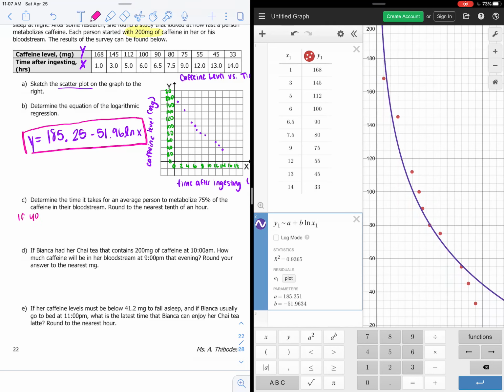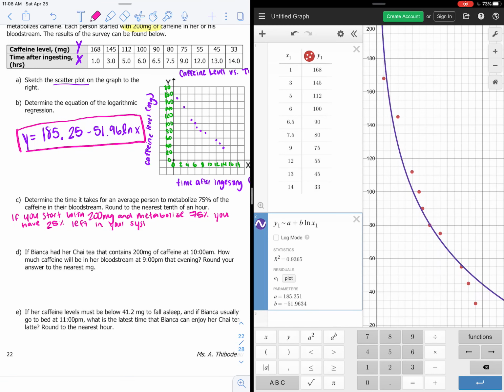So if you start with 200 milligrams and metabolize 75%, you have 25% left in your system. So 200 times 0.25, what you have left in your system is going to be 50 milligrams.